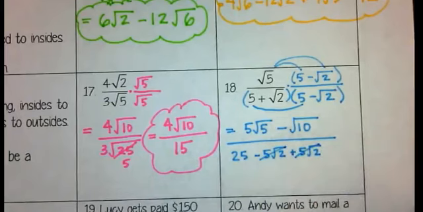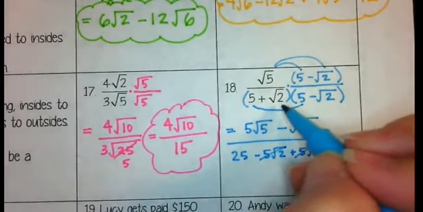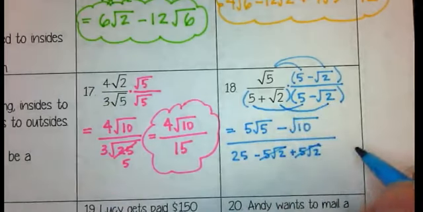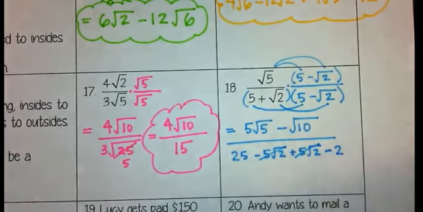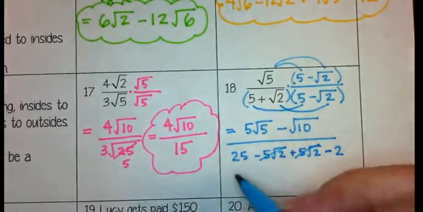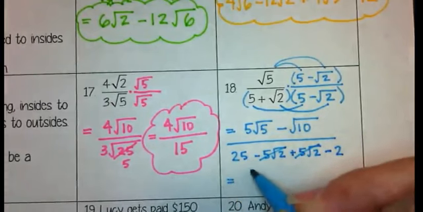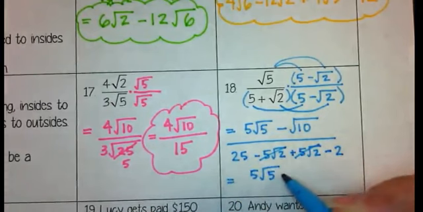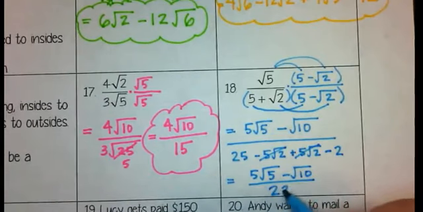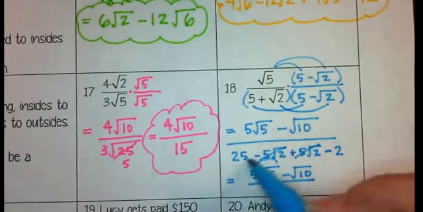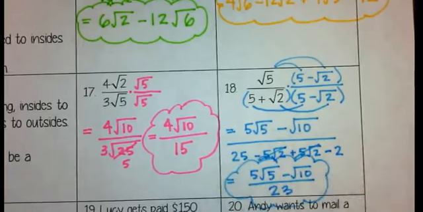And those two cancel each other out completely. And then if we multiply the last ones together, we would get minus 2. So now our simplified answer is 5 square root of 5 minus the square root of 10 over 23. And we can't do any reducing, any simplifying, so we are done.